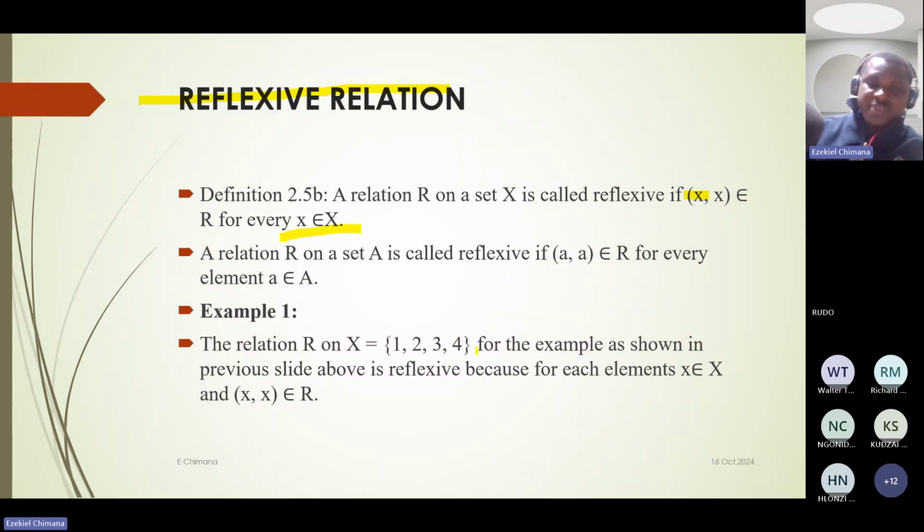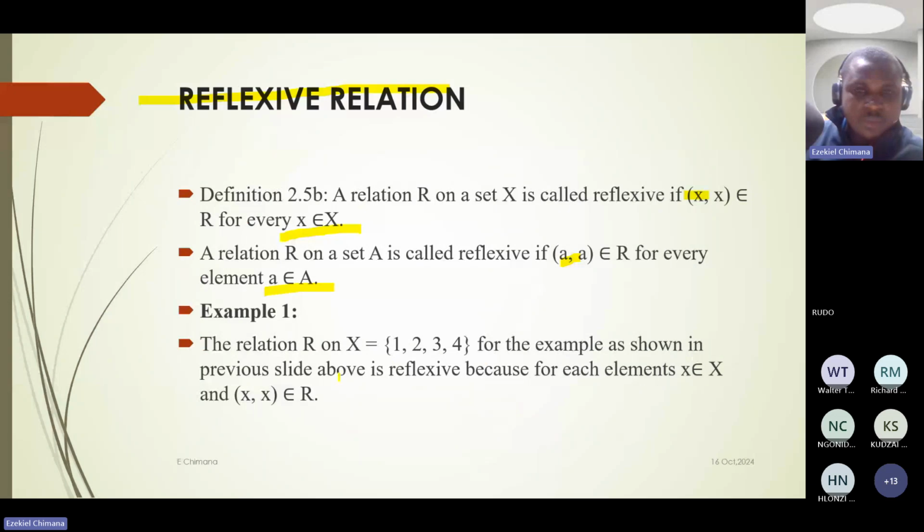If you are not going to have that, then that relation is not reflexive. So a relation R on a set A is called reflexive if (A, A) is an element of the relation for every A in the set A. So this is what we are talking about.